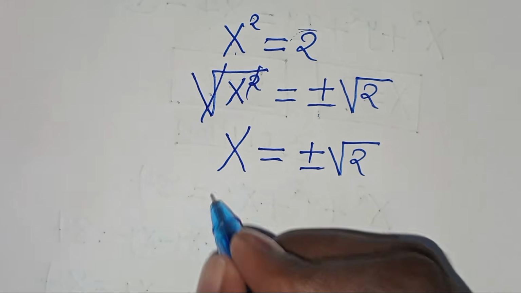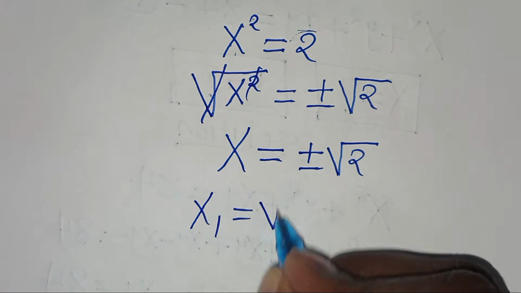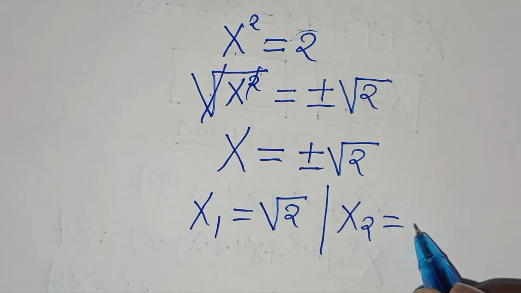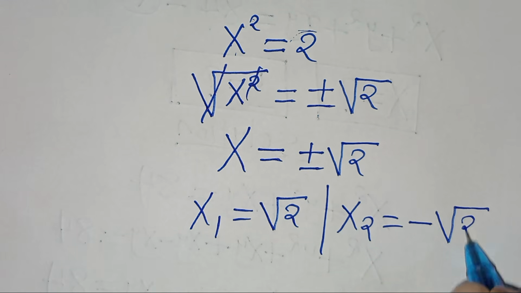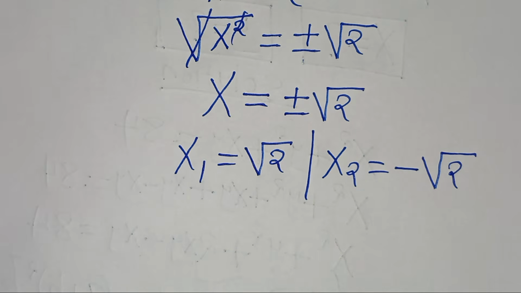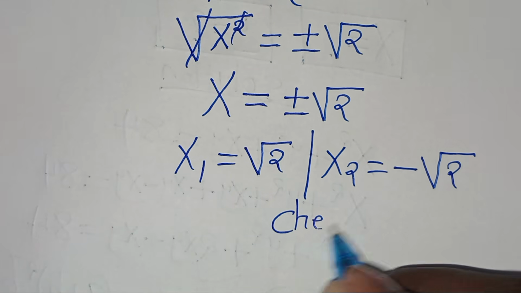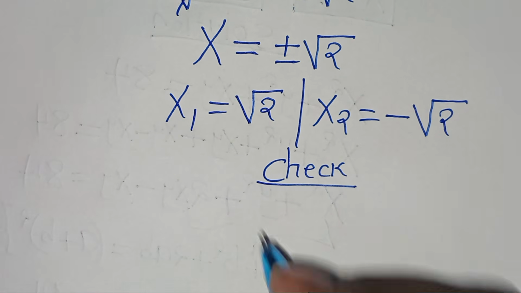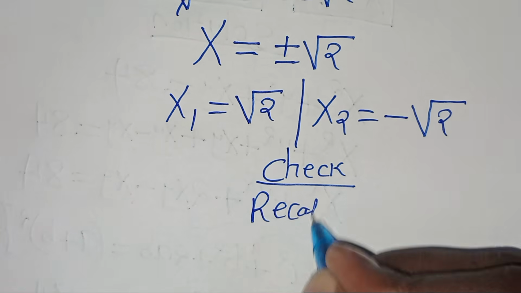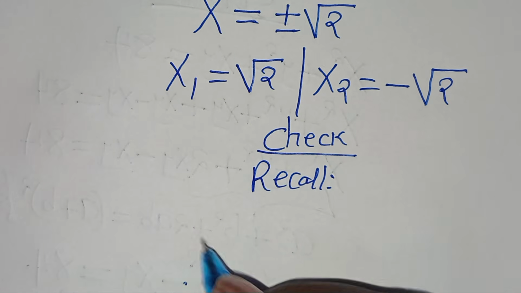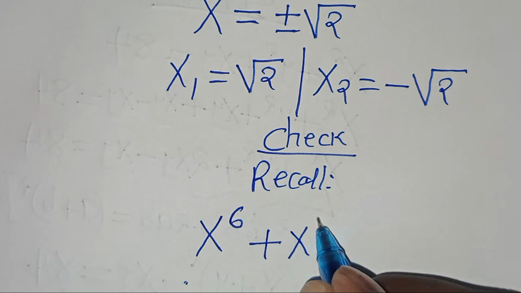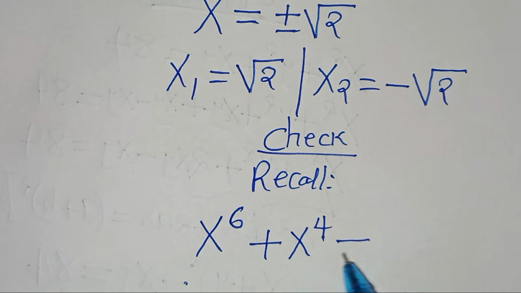So we have x1 is equal to square root of 2, and x2 is equal to negative square root of 2. Now, let's check if these values of x satisfy the equation. If you recall, we had x to the power of 6 plus x to the power of 4, which is supposed to give us a value of 12.